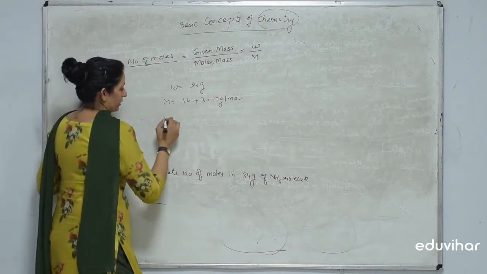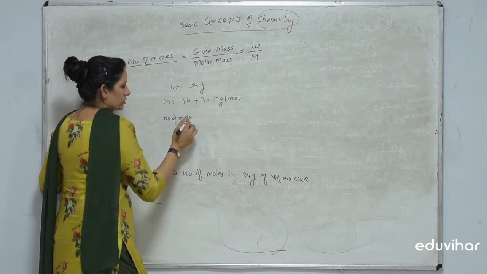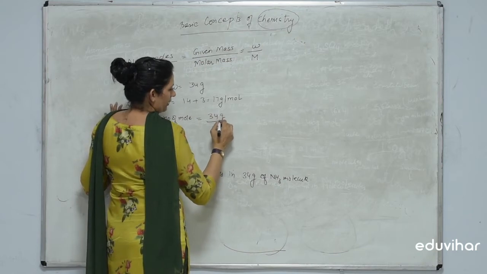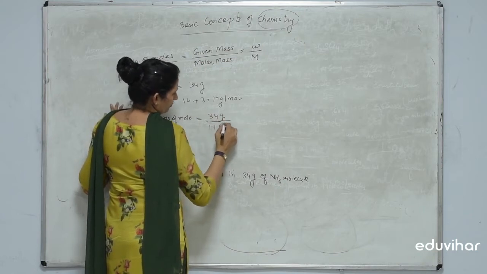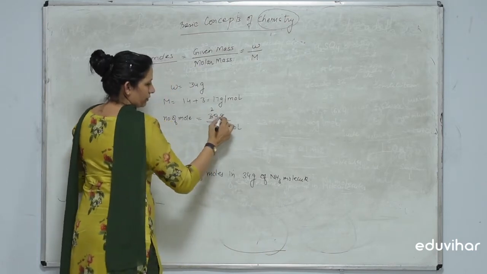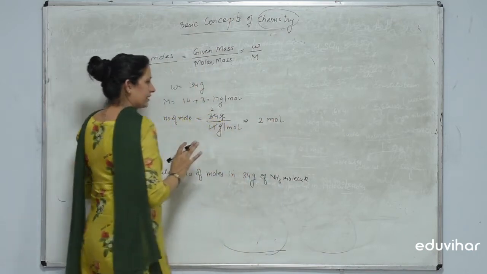The number of moles is equal to 34 gram divided by 17 gram per mole. Gram to gram cancels out and it is equal to 2 mole. I think this is clear for you.